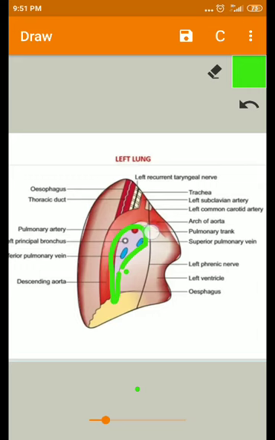Over this pulmonary trunk you'll have the arch of aorta. The arch of aorta gives branches, on the left side: the left subclavian artery and left common carotid artery.